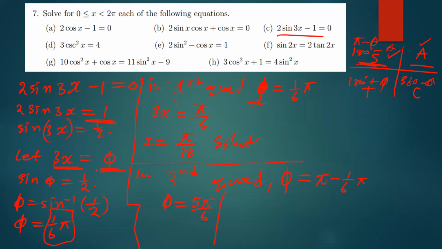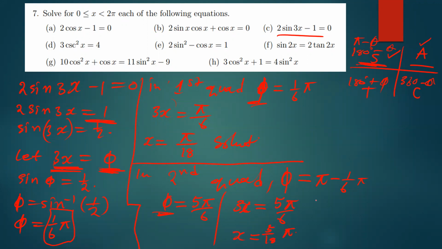But remember, phi is equal to 3x. So you put 3x where there is phi, and we say 3x is equal to 5 pi over 6. We can divide everything by 3 to get the value of x. Hence, this will become 5 over 18 pi.